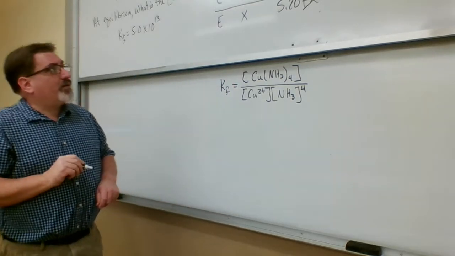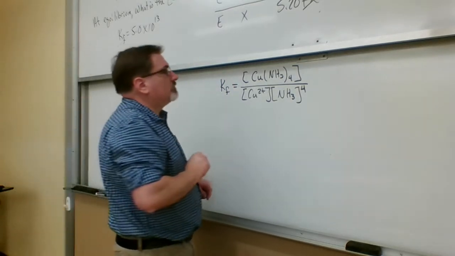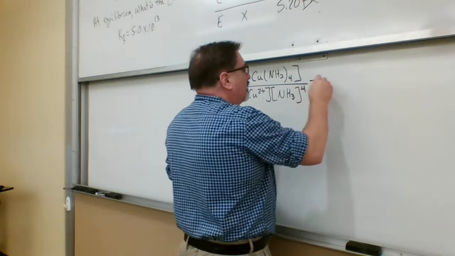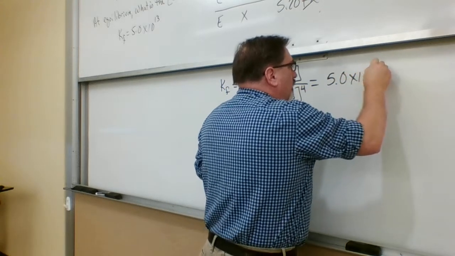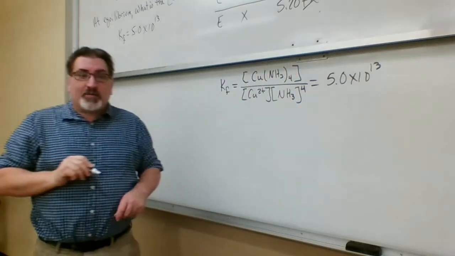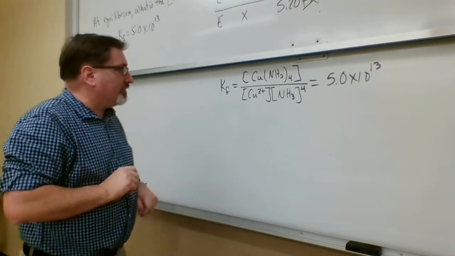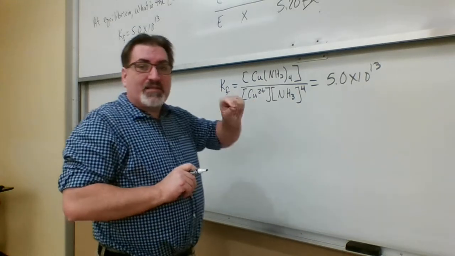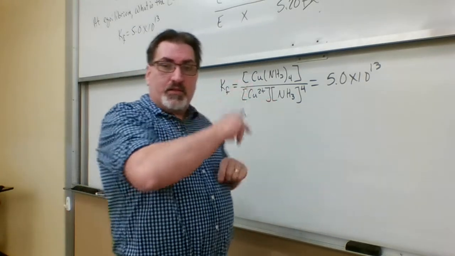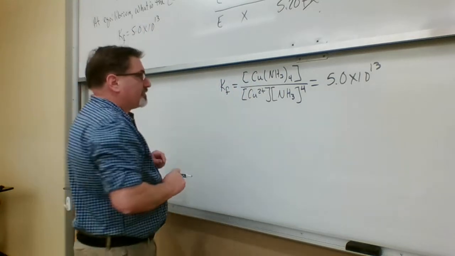Don't forget the fourth power there. And that is a numeric value of 5.0 times 10 to the 13th. So now we have either numbers or variables to plug in for everything on the left-hand side. We're solving for Cu2+.